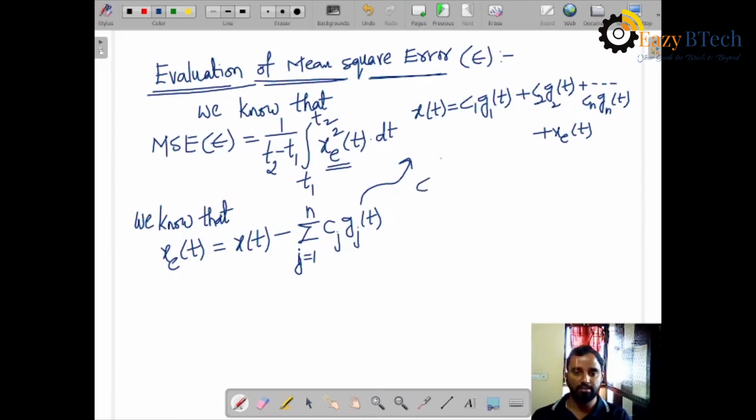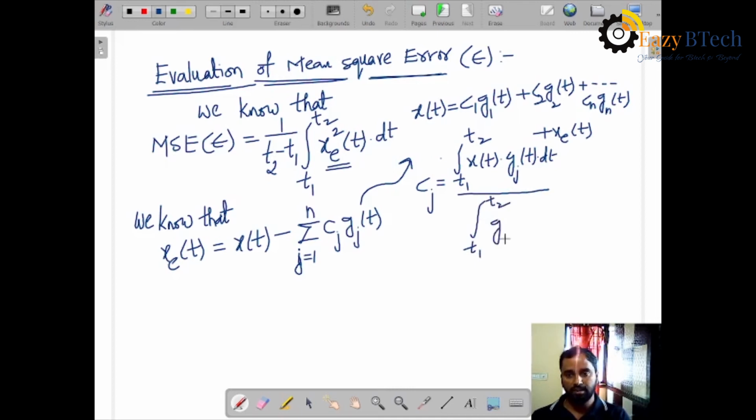We derived it. cj is equal to integral t1 to t2 of x of t into gj of t dt, divided by integral t1 to t2 of gj square of t dt. We can take this denominator integral as a constant kj.